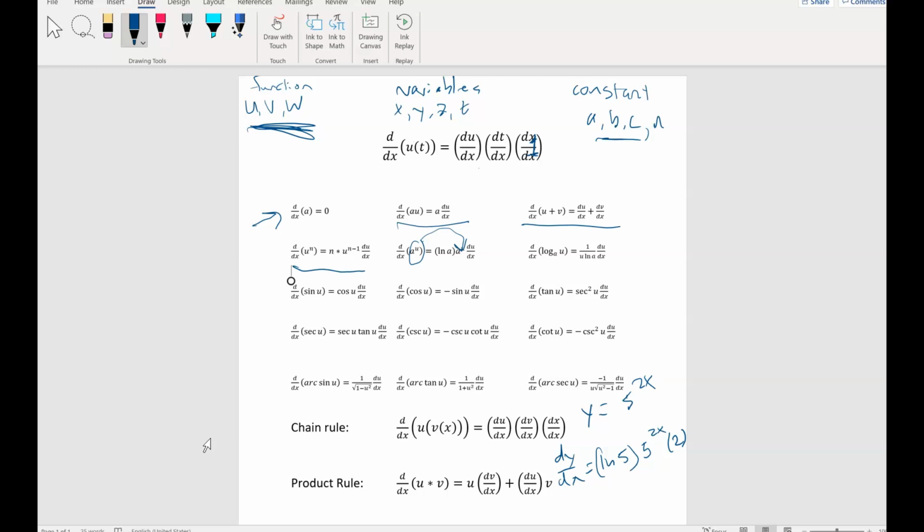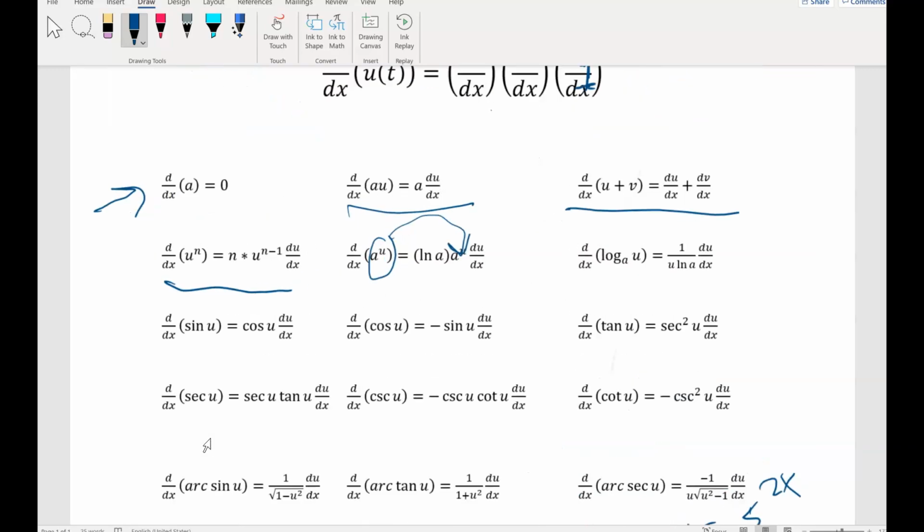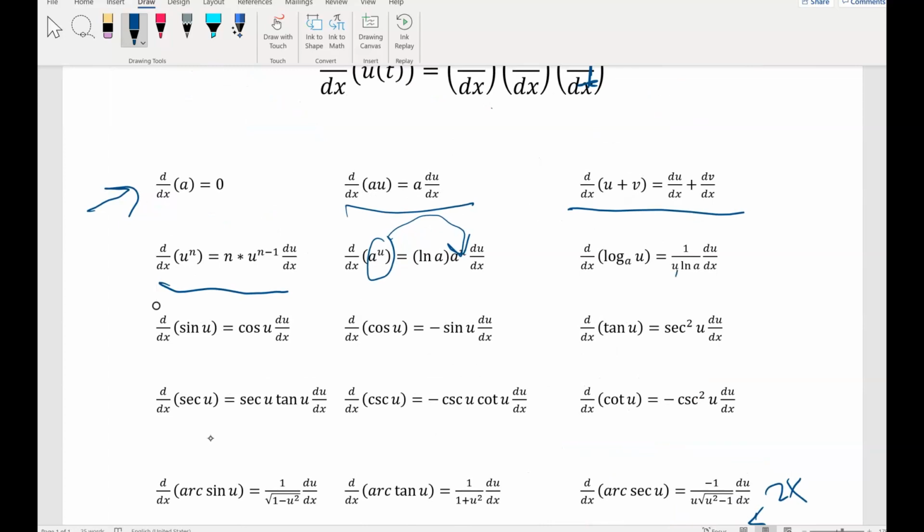And then one more here, the log rule. This is just saying if you have the log base some number of an expression or a variable, then you will go 1 over u. You can see the 1 over u right there. And then on the bottom, you have the natural log of whatever the base of the log is.